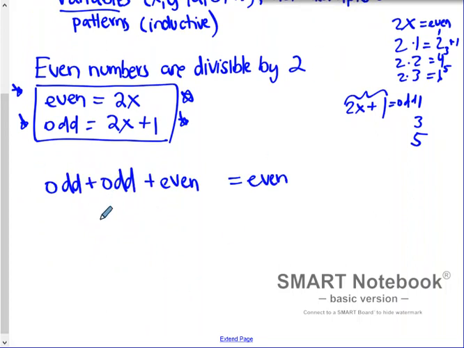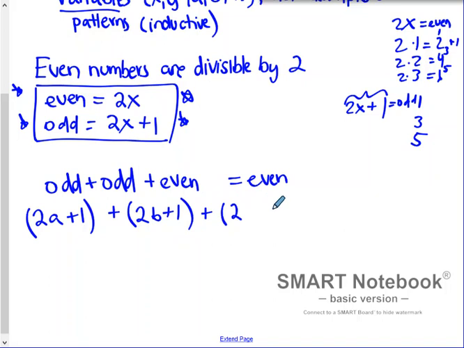How I write an odd number is 2 times any number, let's say a, plus 1. And I'm going to add that to another odd number, which will be 2 times any other number, let's say b, plus 1. And an even number I can write as 2 times any other number, so let's say c.